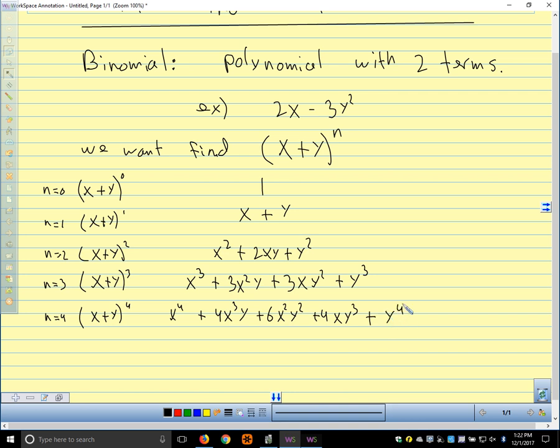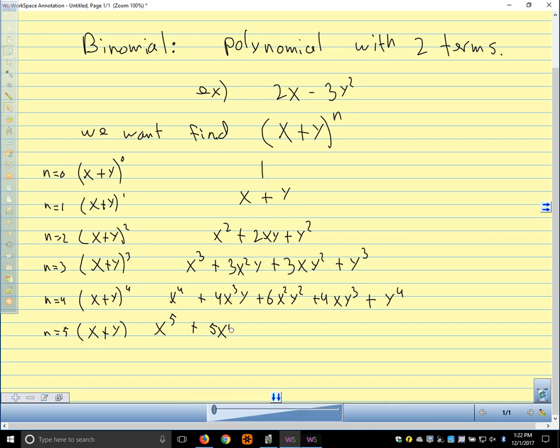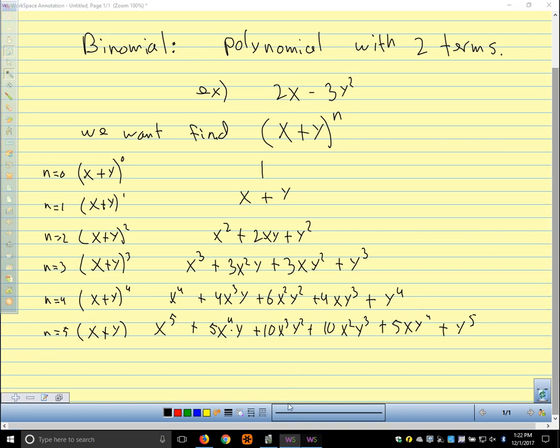So we get this. And I'm going to do one more. And then we'll talk about the patterns that we see here. All right, so there is n equals 0 through 5.